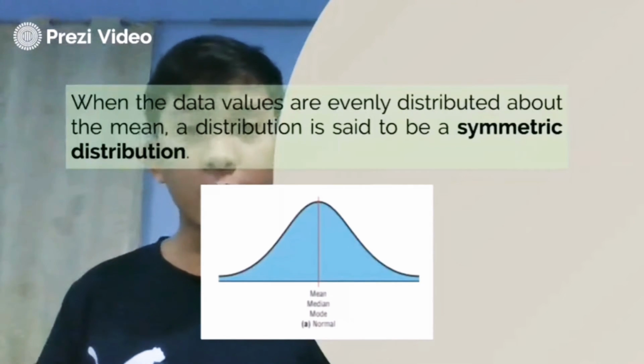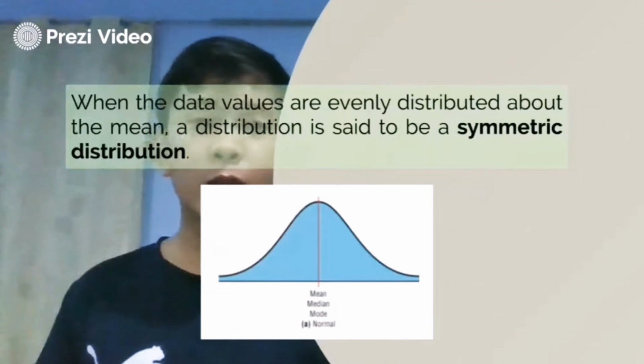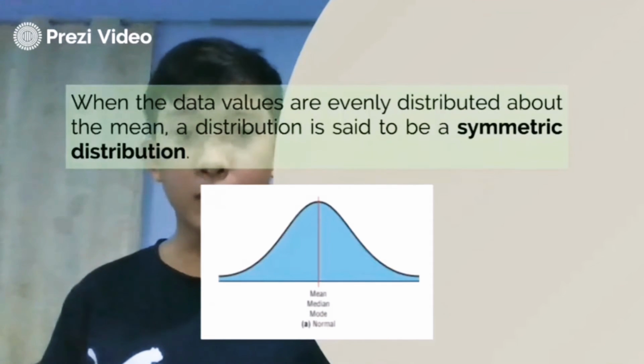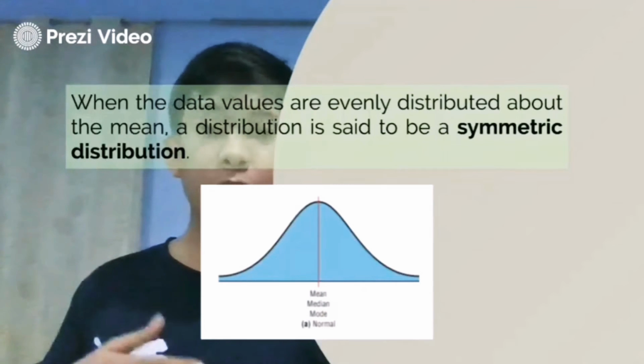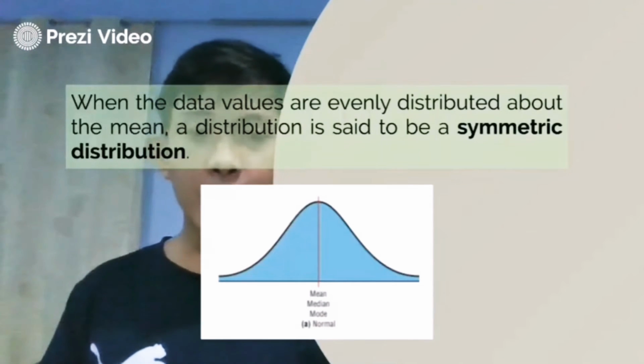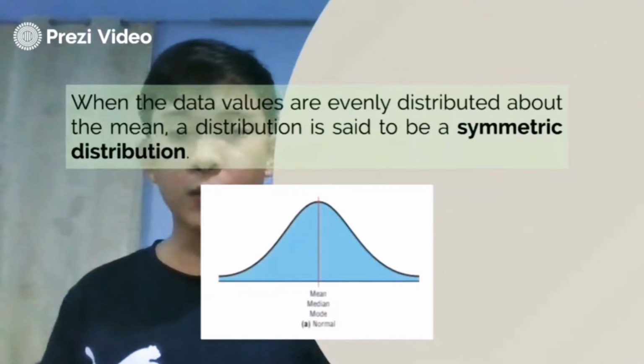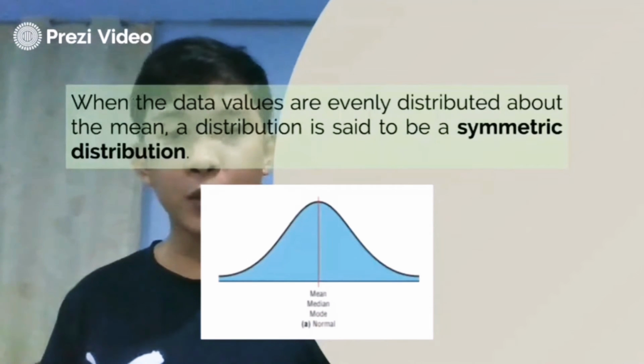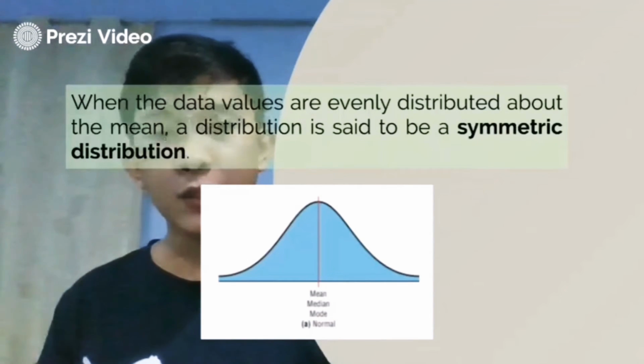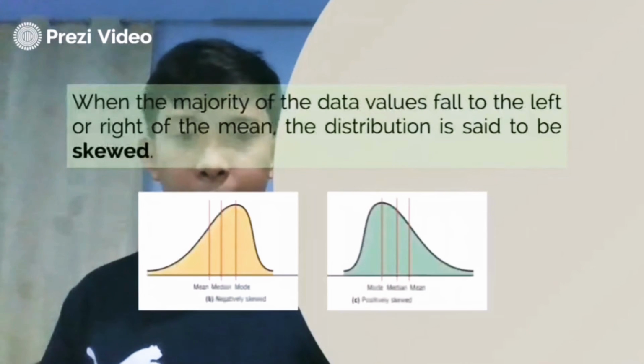If a line were drawn dissecting the middle of the graph, it would reveal two sides that mirror one another. The graph, as you can see here, is mirrored from left to right. There's no side that is different from the other, and the mean, median, and mode are the same, which means that it is a normal distribution, which is also a symmetrical distribution.